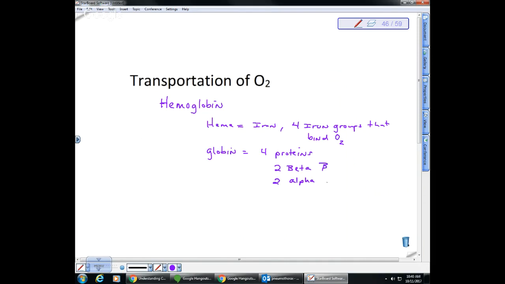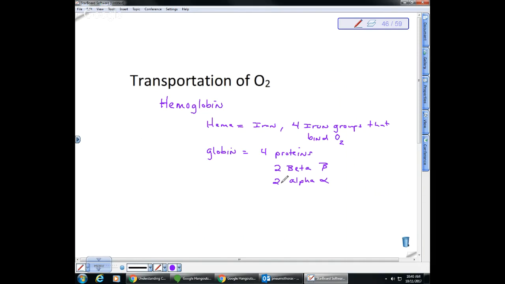So in the Greek letters, beta kind of looks like that and alpha kind of looks like that. So we have 2 beta and 2 alpha. It's different in the fetus. So we'll talk about that. They actually don't have beta. They have gamma globulins.